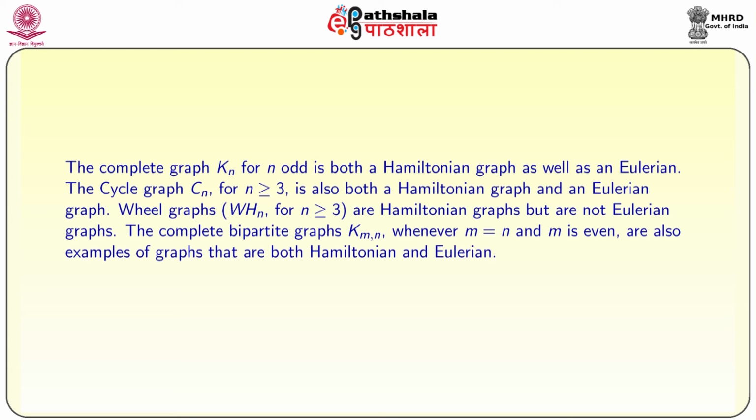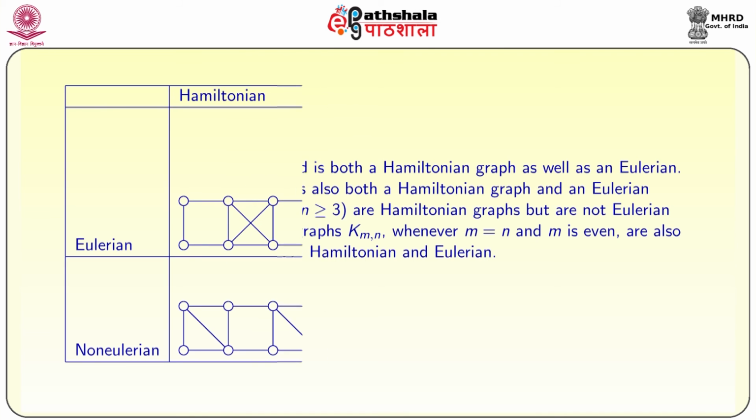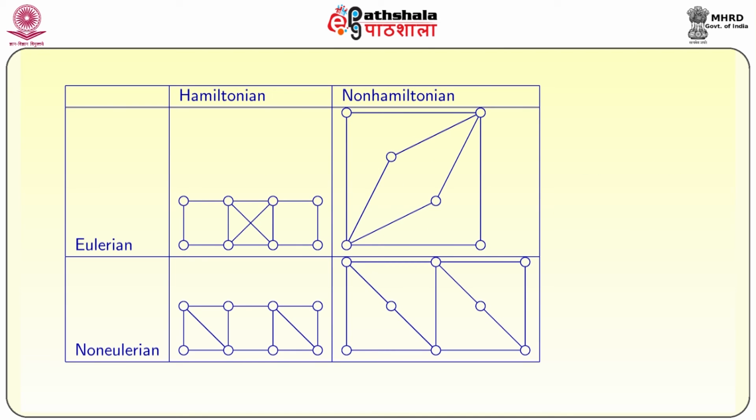The complete bipartite graphs Kmn, whenever m equals n and m is even, are also examples of graphs that are both Hamiltonian and Eulerian. Now, we are giving a table of graphs: Eulerian as well as Hamiltonian, Eulerian but not Hamiltonian, non-Eulerian but Hamiltonian, and non-Eulerian as well as non-Hamiltonian graphs.